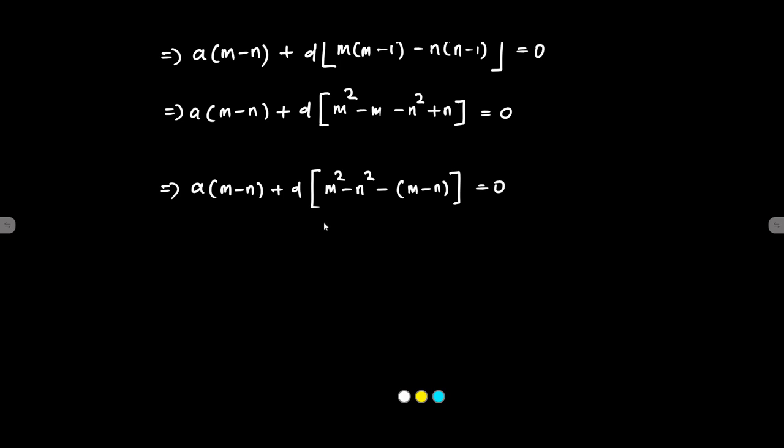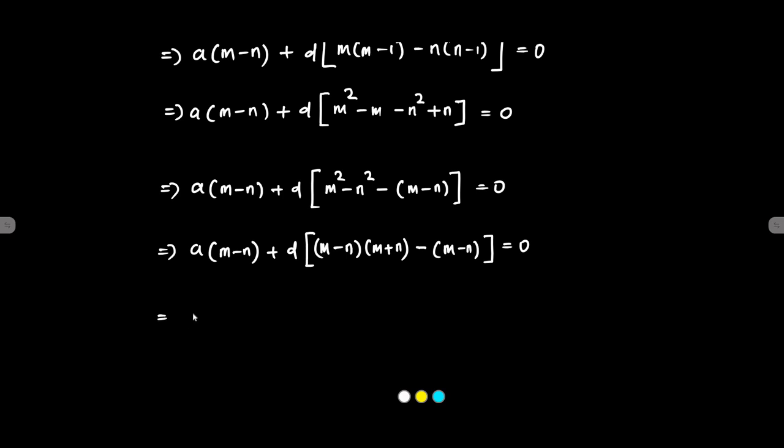We have written it in this format. So that implies A into m minus n plus D into m minus n into m plus n, writing m square minus n square as this much, minus m minus n, is equal to 0.